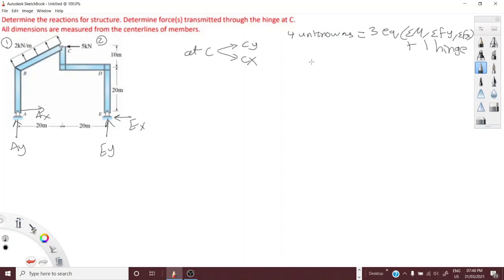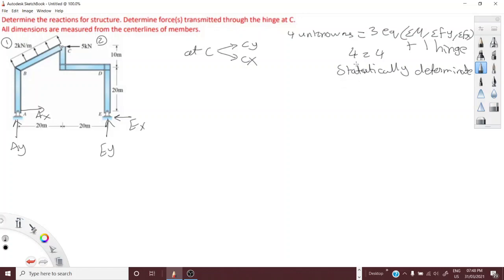Right now we could solve the structure, the reactions of the structure members. It is in equilibrium, and it is statically determinate. We can solve the structure easily.